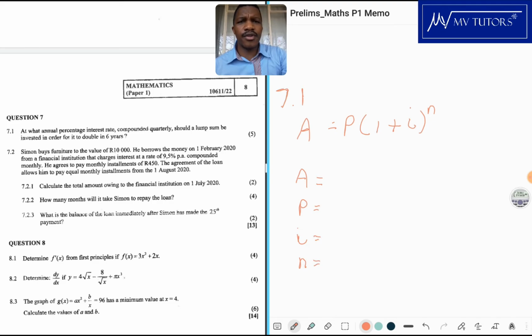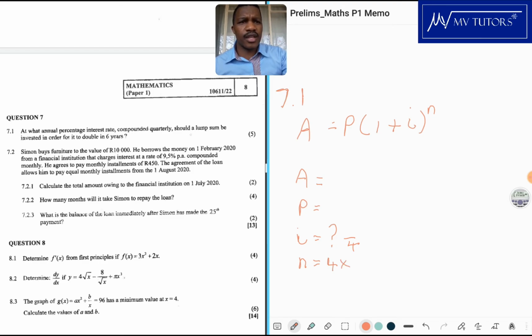Now let's go back and read the question. At what annual percentage interest rate? So it looks like we're looking for the interest rate, so we're just going to put a question mark there. And the interest rate is compounded quarterly. What does that mean? That means we divide the interest rate by 4, and then we multiply the number of years by 4.